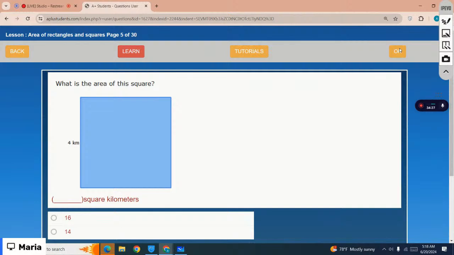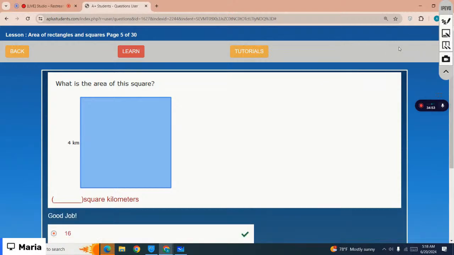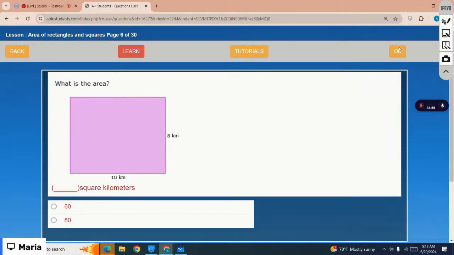What is the area of the square? 16 is the correct option. What is the area?